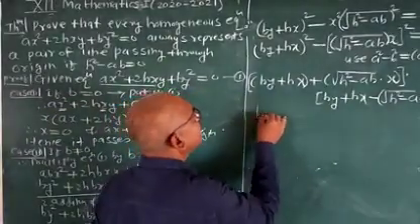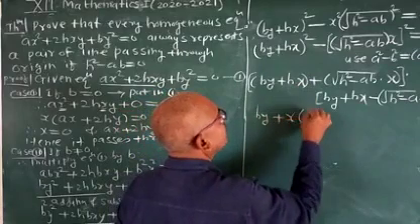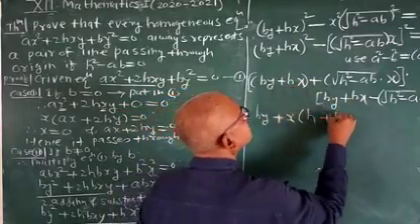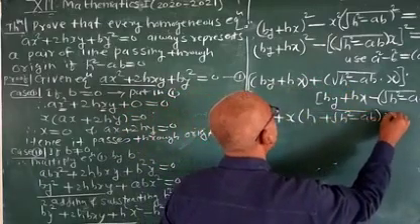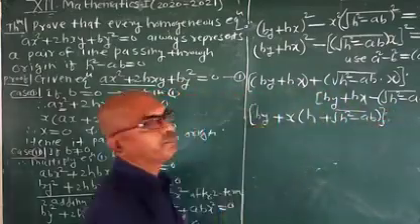So the first bracket is by plus, h common, x common, h plus root of h square minus ab into x. This is the first bracket.